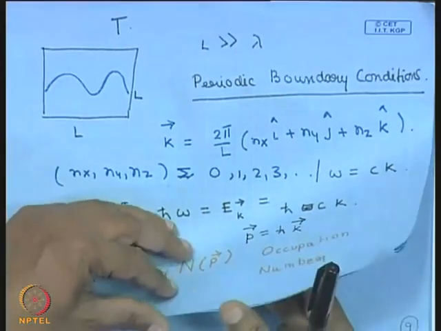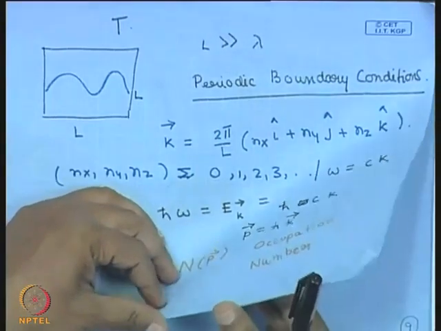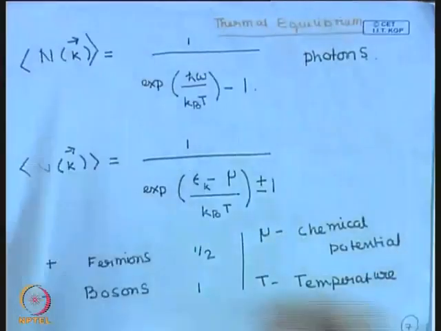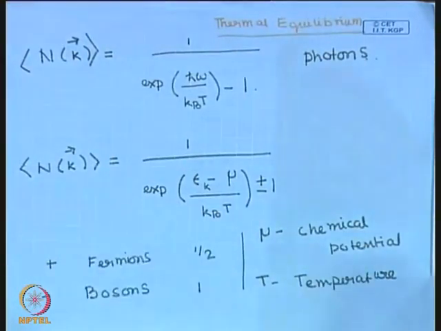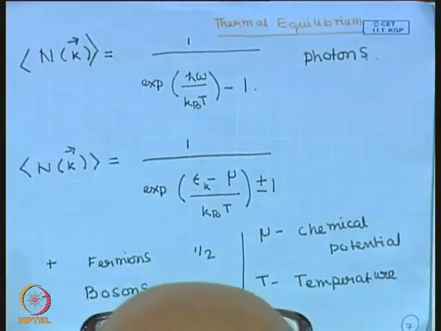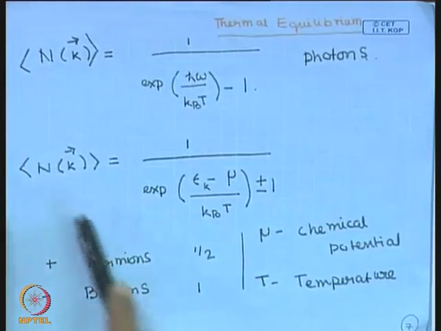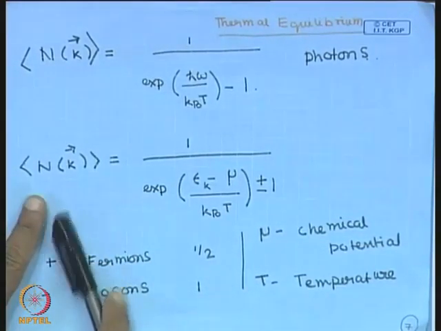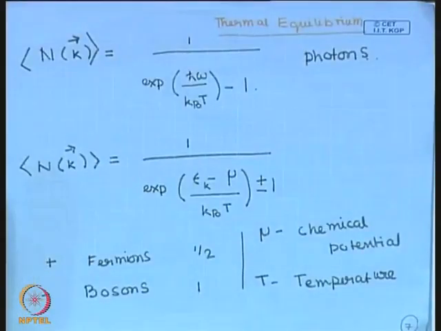Then I also told you that if the particles in the box are in thermal equilibrium, then the occupation number is completely determined if I tell you the chemical potential and the temperature.